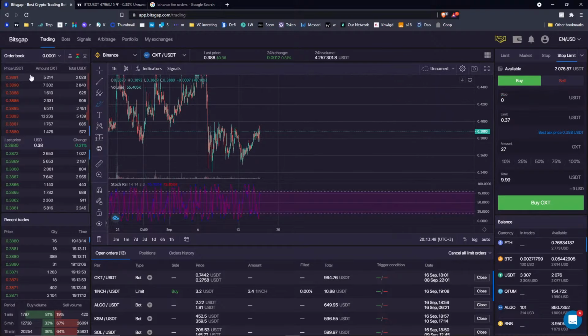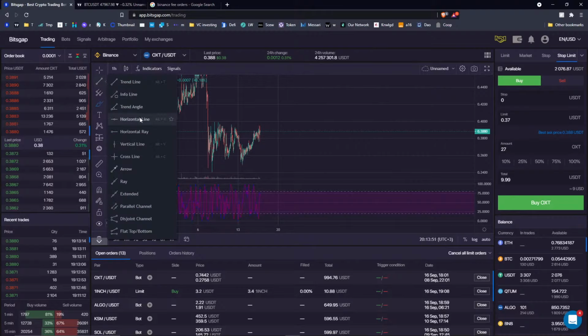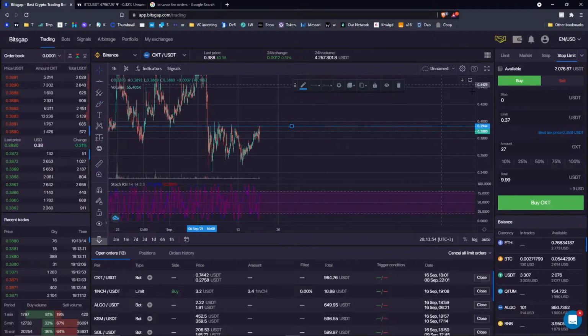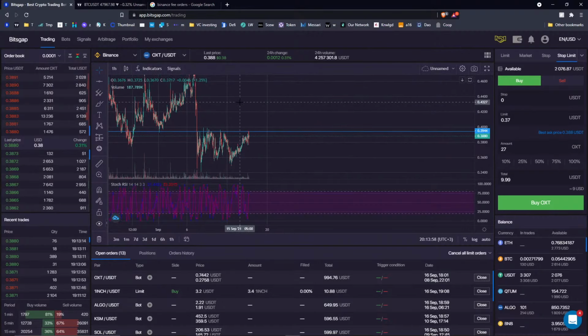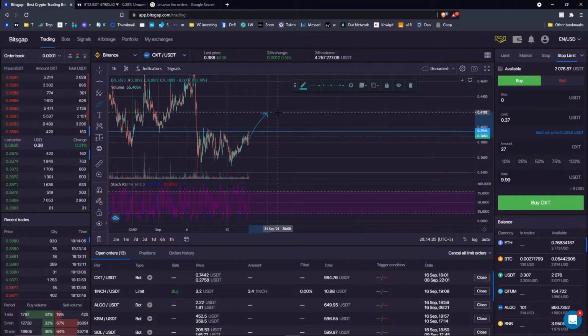So for example, I want my exchange to set a limit buy order only if it at first reaches, let's say, 0.42, and once it reaches this price level, so that's our condition, I want it to place a limit buy order at the price of 0.4, for example.